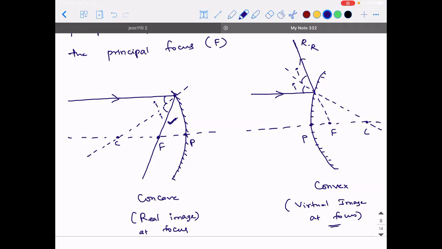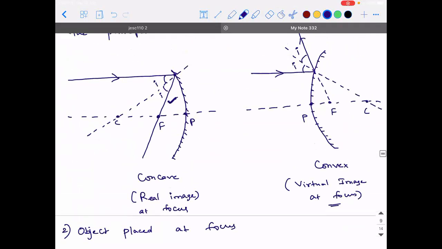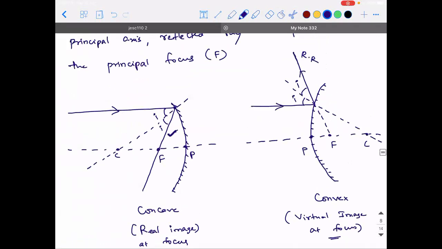Done, guys? Second, object placed. Sir, can you show once more, sir? Yeah, please write it. Copy it.